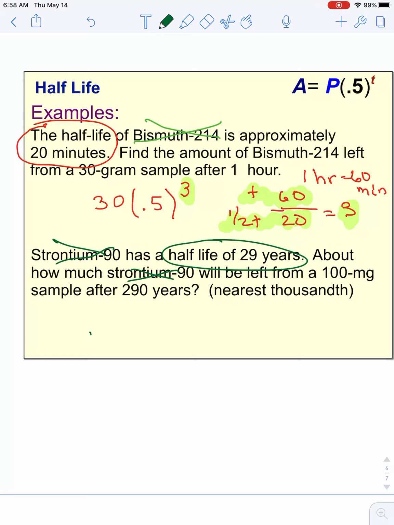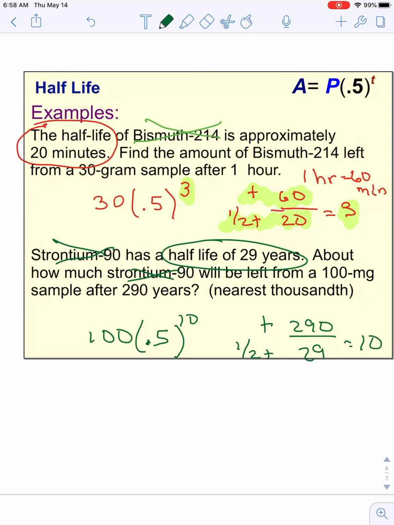We start with a 100 milligram sample, and it's cutting in half every 29 years. So after 290 years, how many times will it cut in half? Some of you can already see that it's going to be 10. But again, we take our time, which is 290, divide it by the half-life time, which is 29, and that gives us 10.